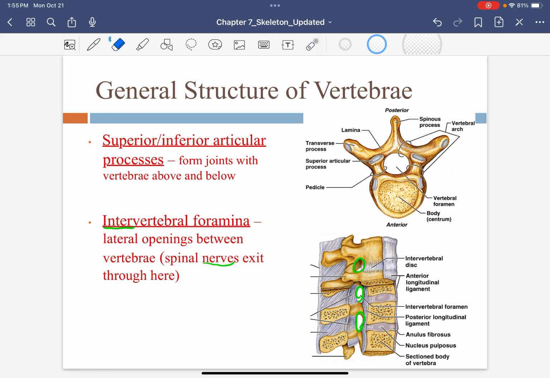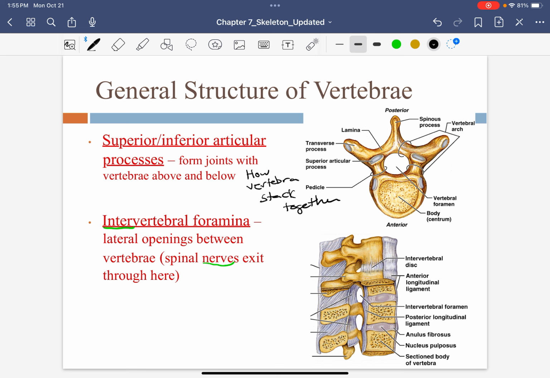I would also like you to review the superior and inferior articular processes. I'm talking about this because this is how the vertebra stack together. We haven't really talked about that yet. Obviously, these vertebrae stack on top of each other.